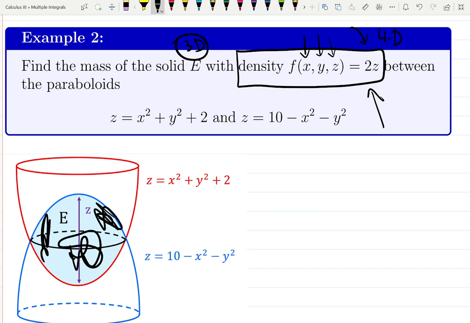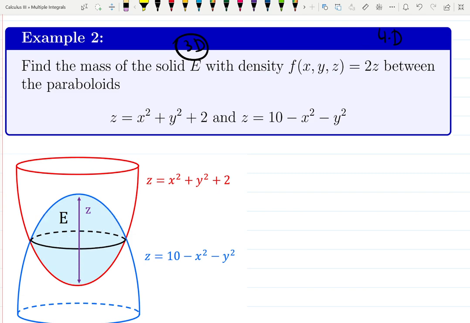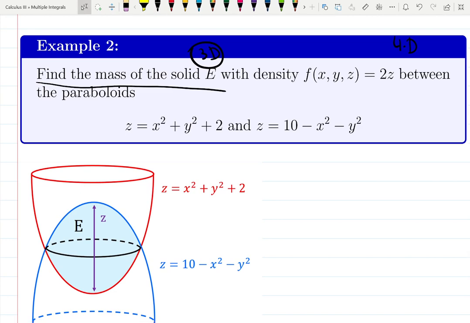So I was asking about the density of which, or the mass of which object are we finding with this triple integral? Like, are we finding the mass of the 3D object that is being shadowed? No, that's exactly what I'm trying to explain. We're finding the mass of this beautiful object, right? Looks like a cantaloupe, for example.